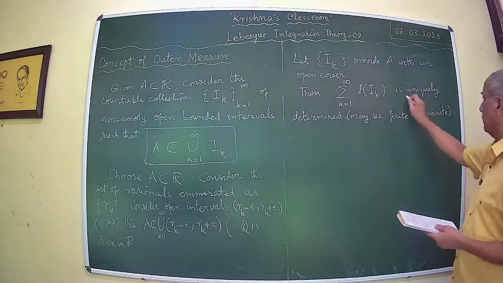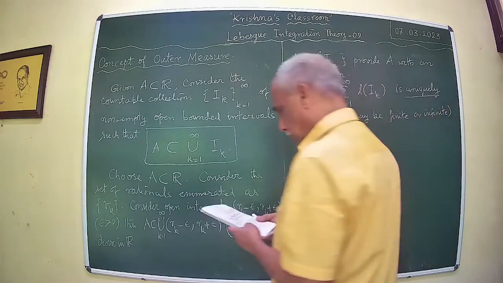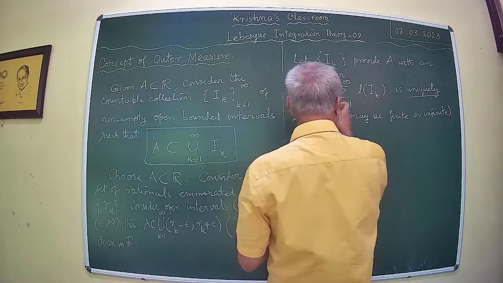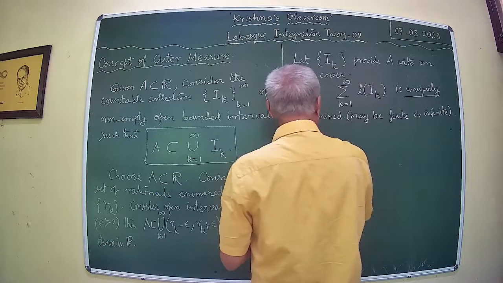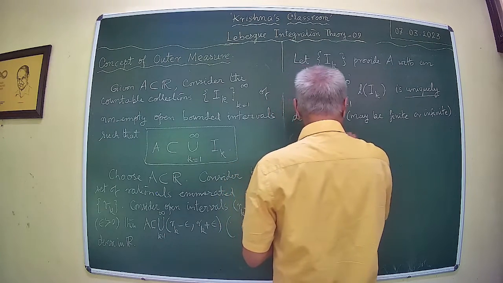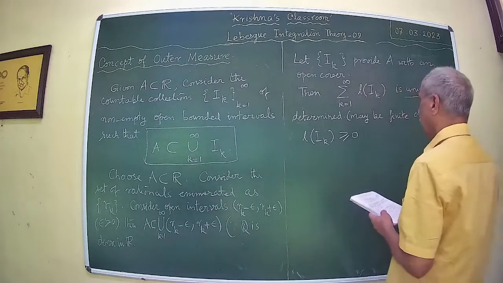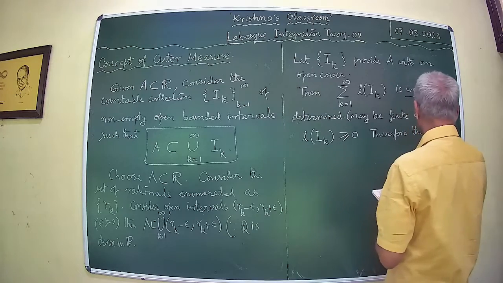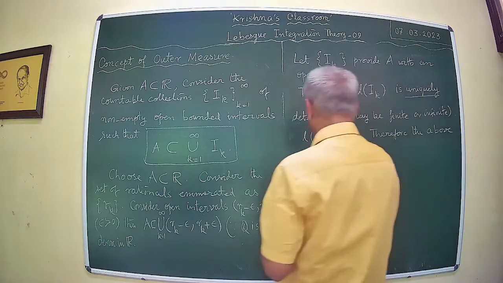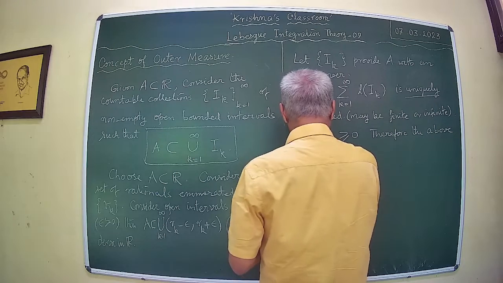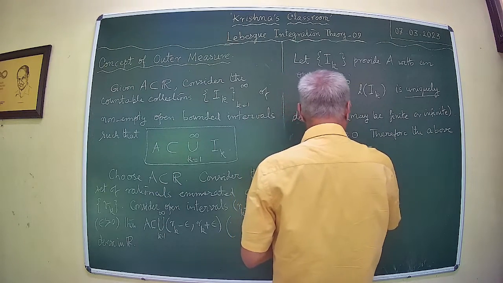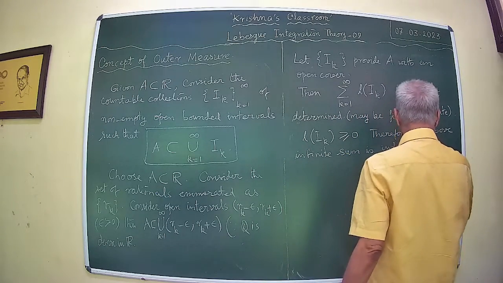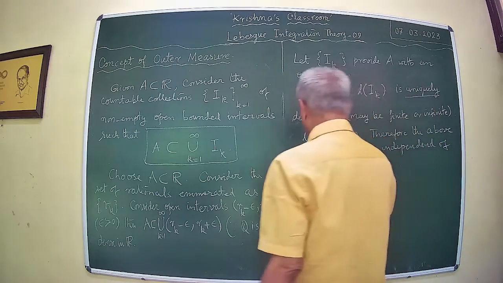But it is uniquely determined. This is the reason we also make this statement: because l of I_k is positive, it's not negative, and therefore the above sum is independent of the order of the summation.